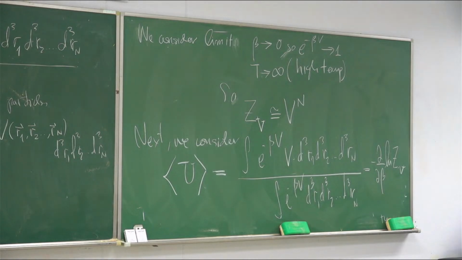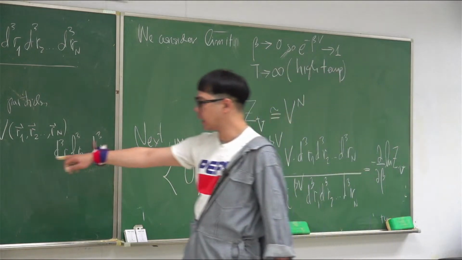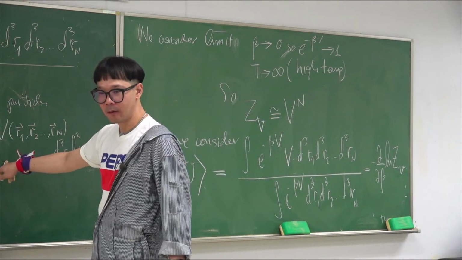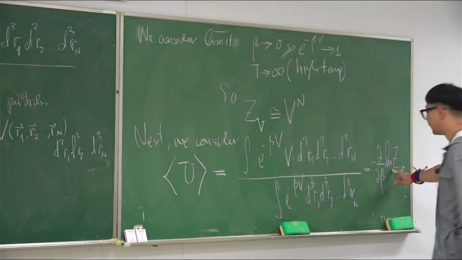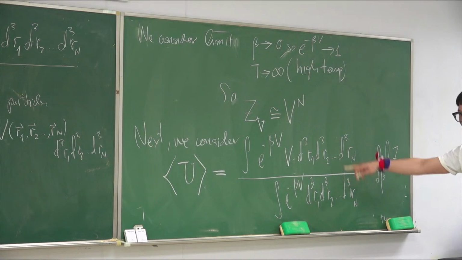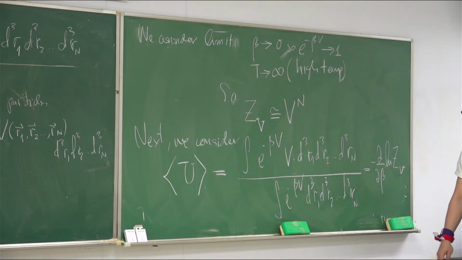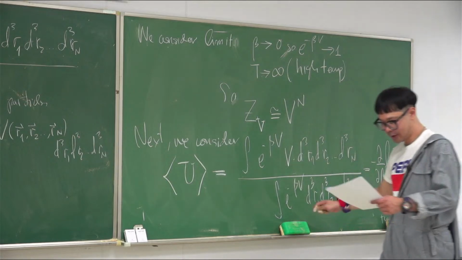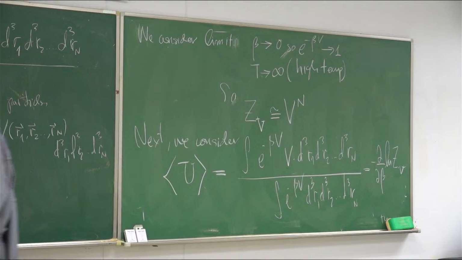Agree? Well, you could prove it yourself, because if you take this set V and take the logarithm, and do the partial derivative with respect to the beta, you will get this quantity. I'm not going to do it for you because it's not difficult.